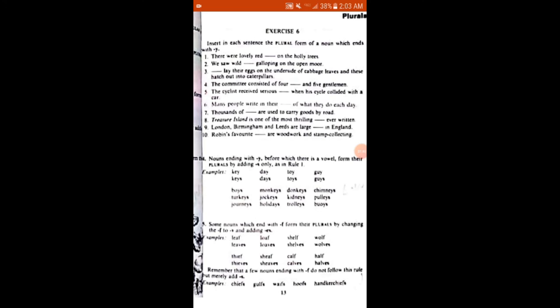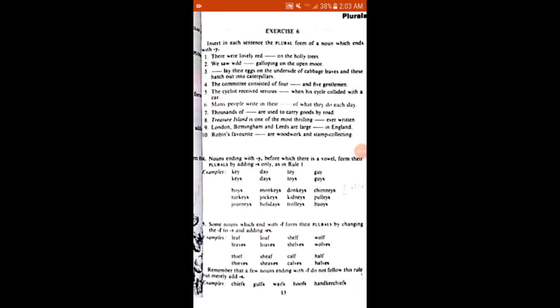Toy: before the y there is o, also a vowel, so just adding a single s after the y because there is a vowel present before the y. If a consonant is present, we omit the y and then add ies according to rule number 3. But in rule number 4 we are learning that if a vowel is present before the y, we don't omit the y, we just add s, and the plural is formed in a very simple manner.